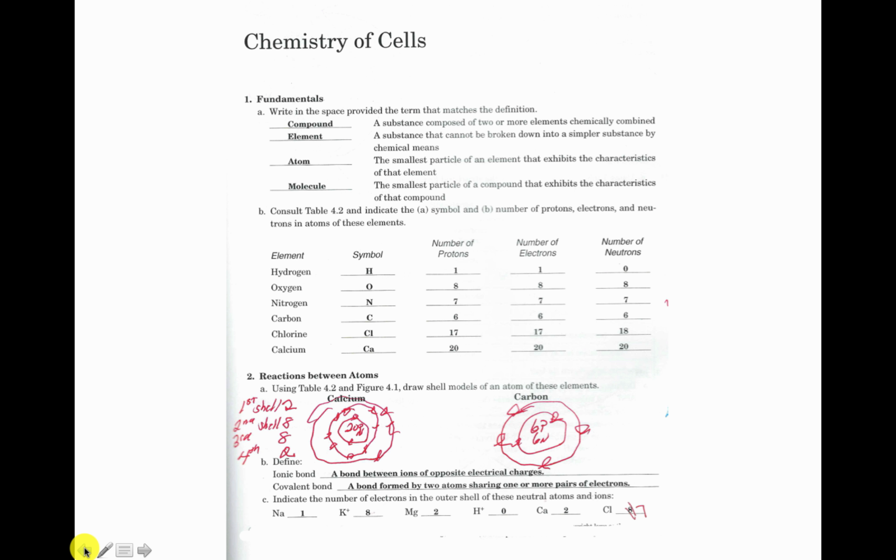with no neutrons. However, for the other elements, you will see, for oxygen, 8 protons, 8 electrons, 8 neutrons. That again is an average, the most common that you will see. If you look at the true periodic table, you will see that the atomic mass of oxygen is not 8. It is not a whole number. It's 8 point something.